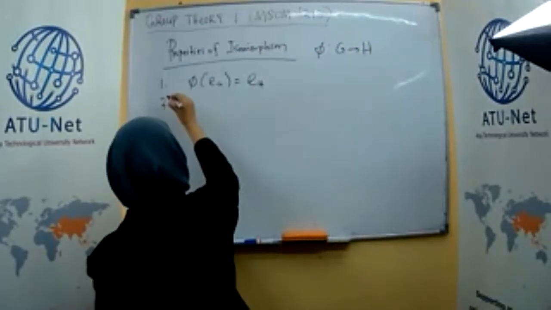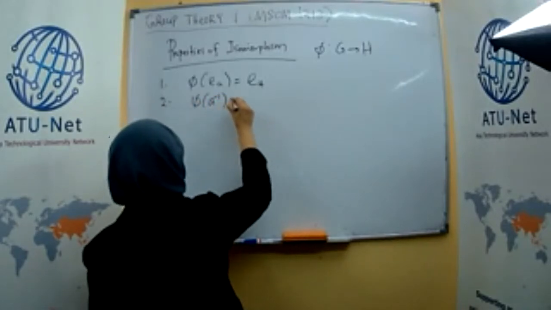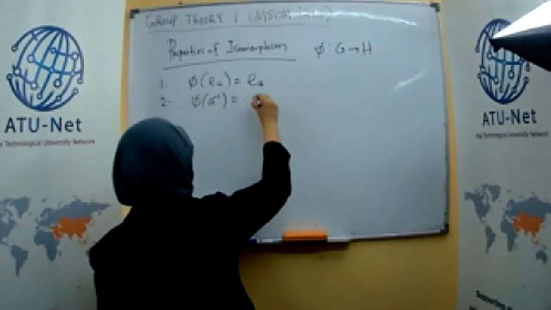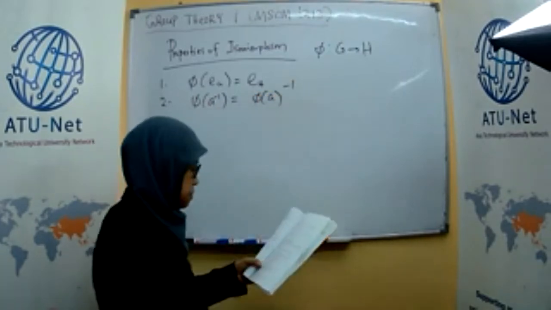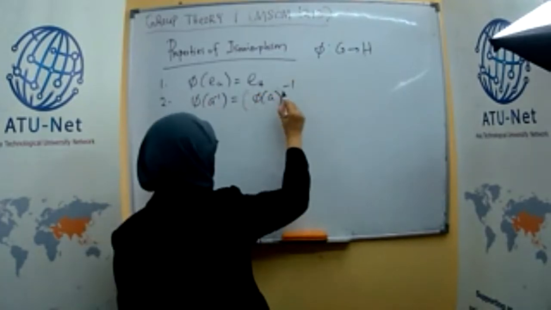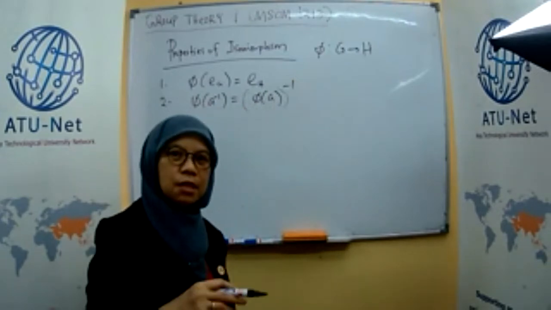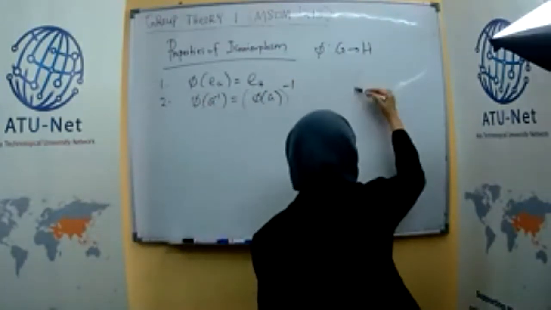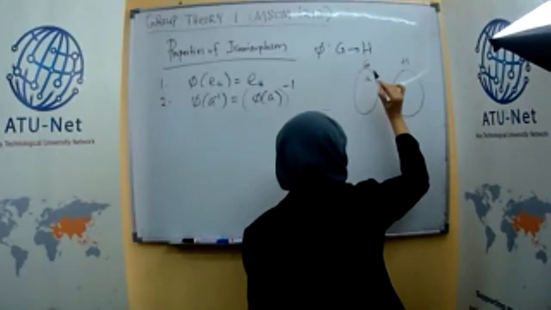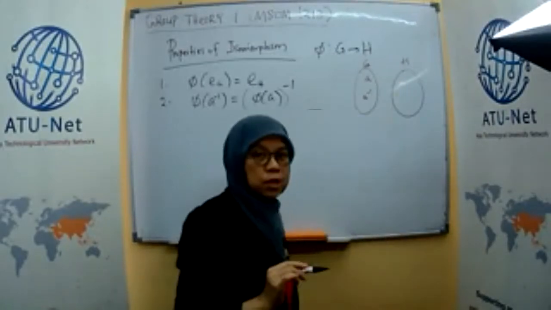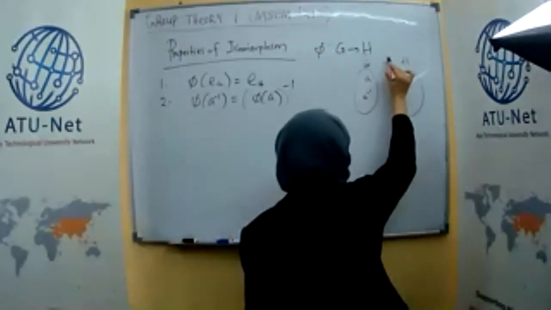The second one says the image of the inverse of A is the inverse of the image. We are talking about A here. Since it's a group, it has an inverse. There is a mapping here, isomorphism.